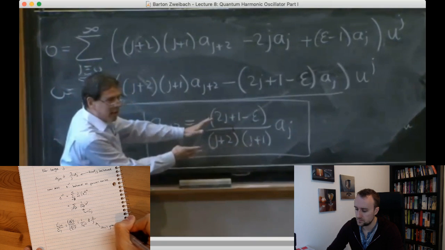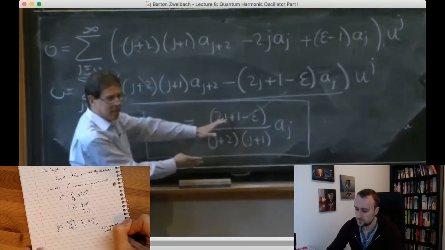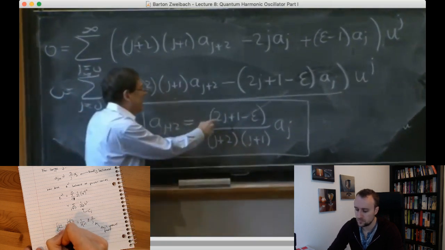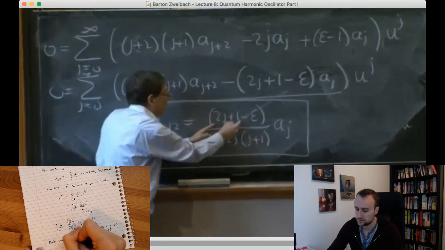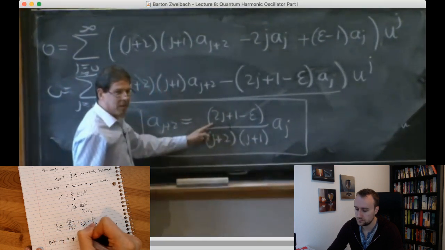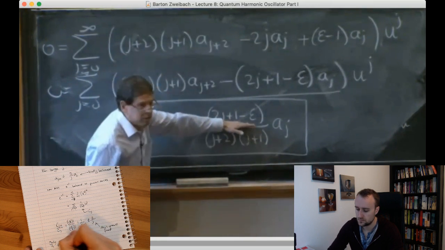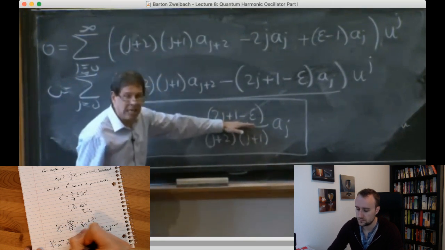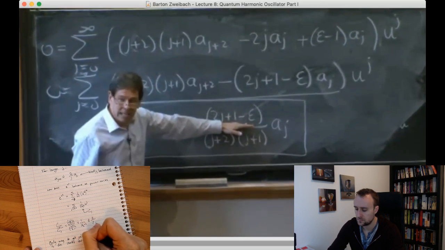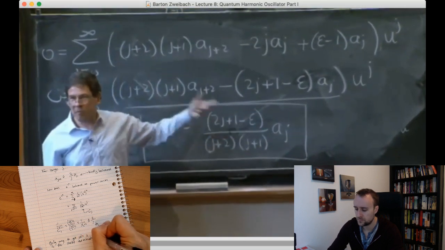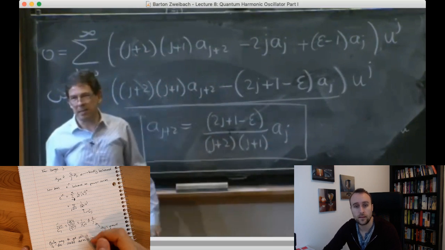The only way to get a solution is if the series terminates. The only way it can terminate is that the e is some odd number over here. And that will solve the thing. So we actually need to do this. This shows the energy. You found why it's quantized.